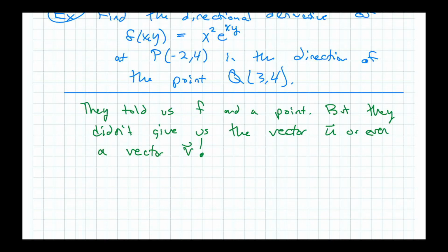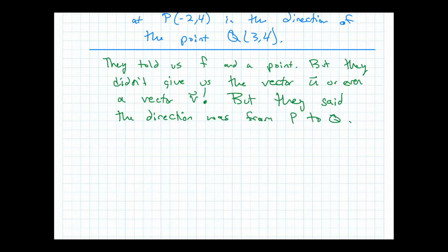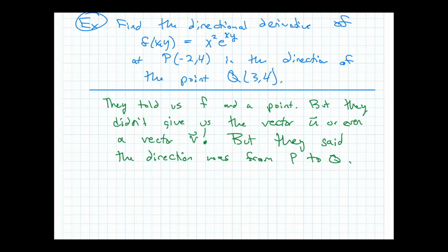You have to calculate it from what they said. They said the direction was from P to Q. Look at the way they worded this. I copied the wording from your homework.